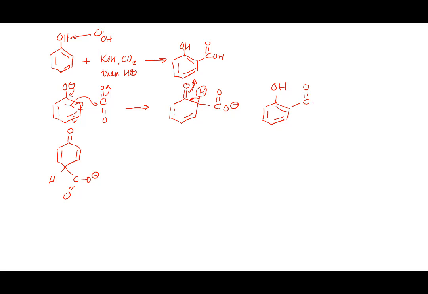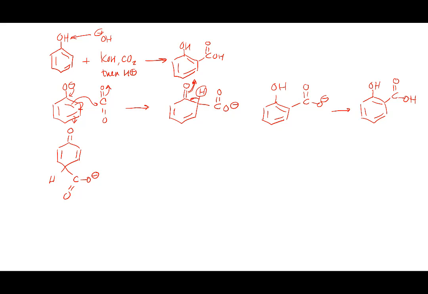I'm going to end up with a C double bond O minus, and then the reason that there's an H plus step in here is because at the end I need to protonate the carboxylic acid. This solution would be basic, and the carboxylic acid would be in its deprotonated form under basic conditions.